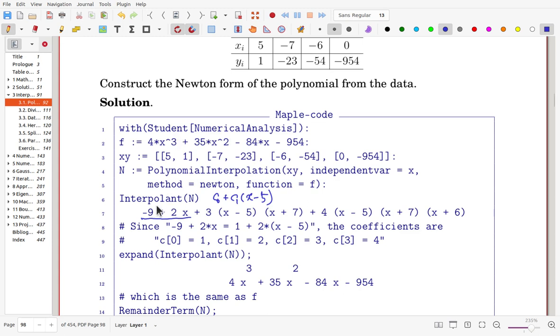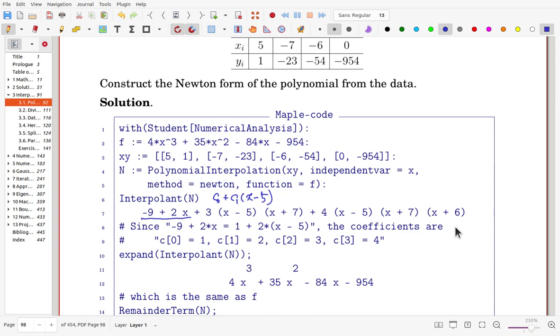However, if the output is changed in this way, then it's not a good way of making software. Anyway, now here there is 1 plus 2 times x minus 5, and that is the C2 of that, and C4 is 4, and that one. So that is the Newton form of interpolating polynomial.